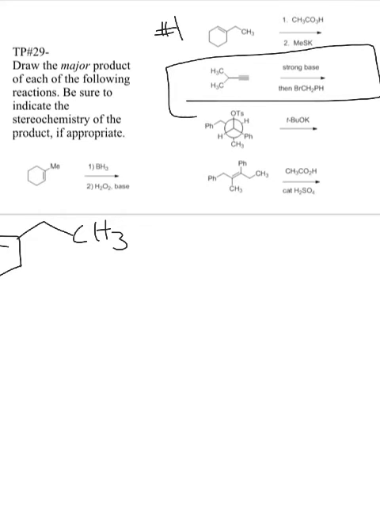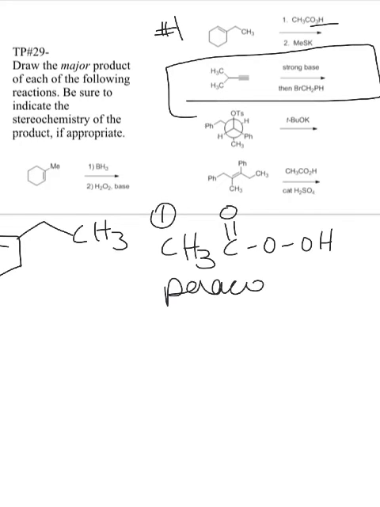And what is that? CH3, you see it's O3? Okay, so what is that? And that's the first thing that happens. That's a peracid. So peracids with an alkene make epoxides.